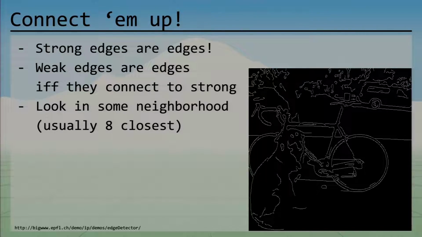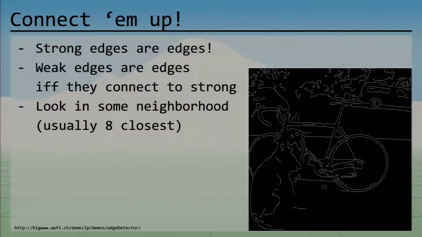Sometimes there might be a real edge in the image, but some noise doesn't make it as prominent, so it'll look like a weak edge. We're going to include those weak edges in our detection if and only if they connect to some of these strong edges also.